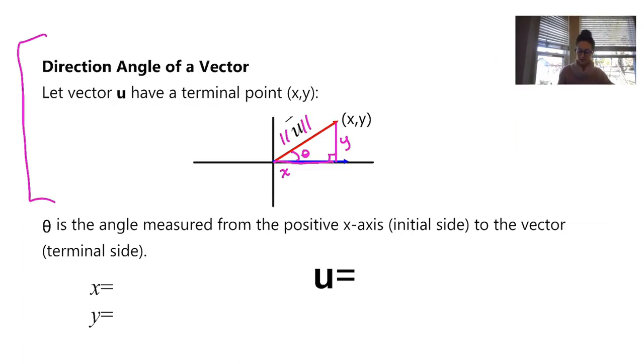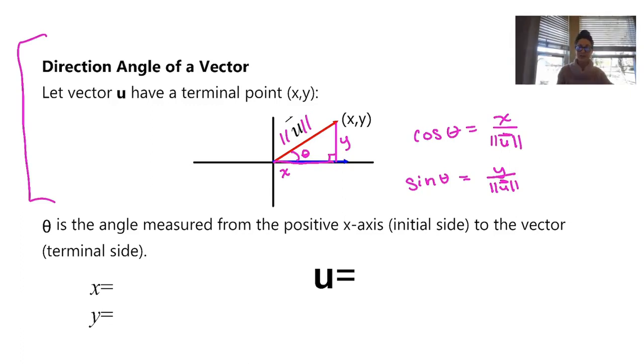So if I want to find cosine of theta, let's write that, cosine of theta, that would be x over the hypotenuse, right, which is the magnitude of the vector, okay? And if I want to find sine of theta, similarly, that would be y over the magnitude of the vector, okay?